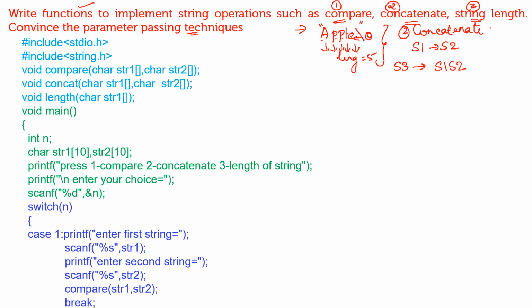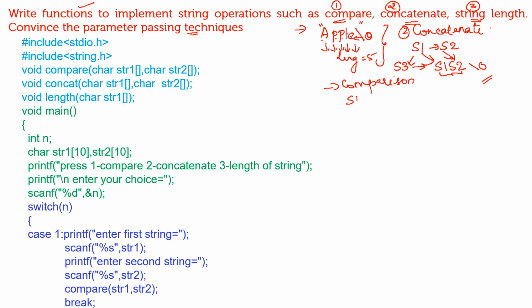You can take a new string: first you copy the value of s1, followed by the value of s2. After copying these two, it should be appended with a null character indicating the end of the string. That is your concatenation.